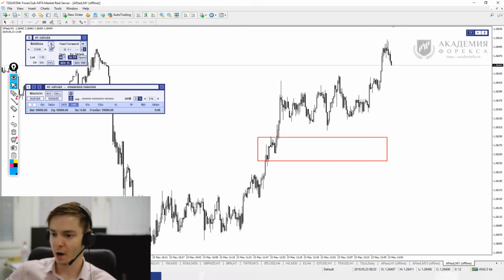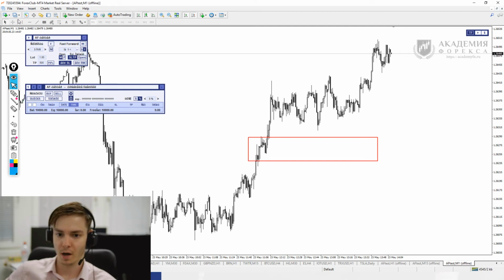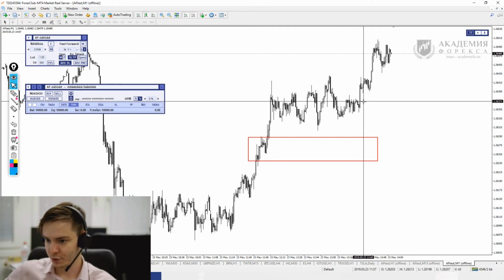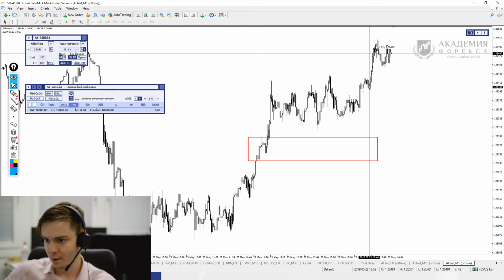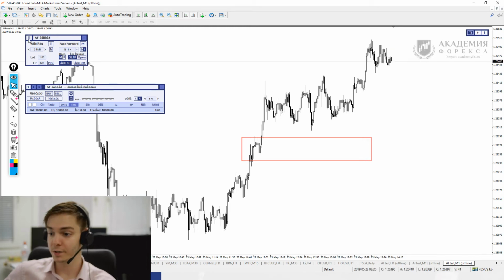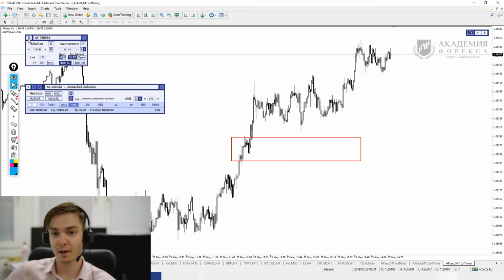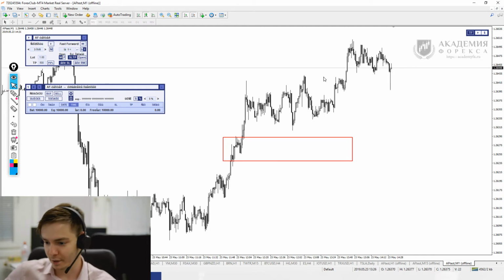Okay, we see now an impulse went up, so we have our consolidation here, but it is not so strong, let's say. Also, this is perfect if you use some alerts. If you spot this pattern, put alerts and trade it.